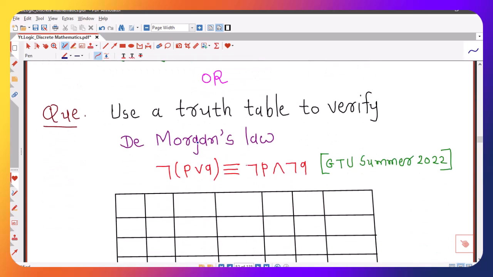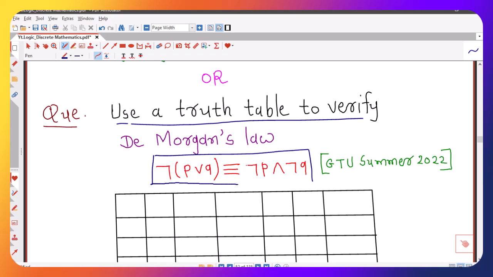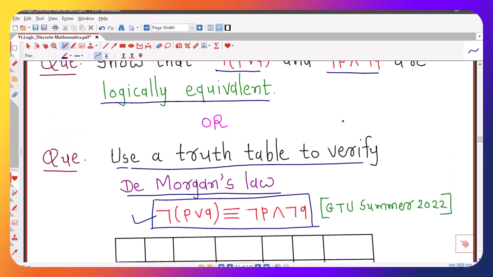They can ask it in this way also: use a truth table to verify that these two are logically equivalent. This law is called De Morgan's law. It is similar to De Morgan's law in the case of sets.